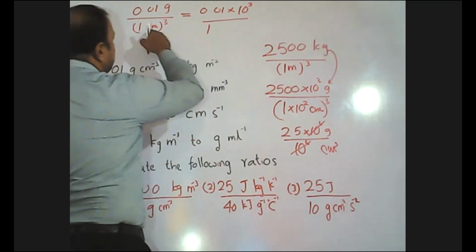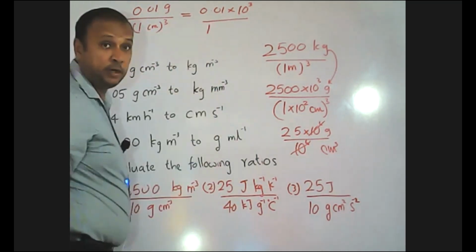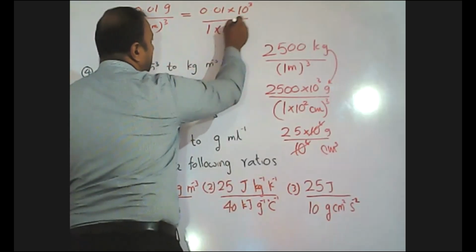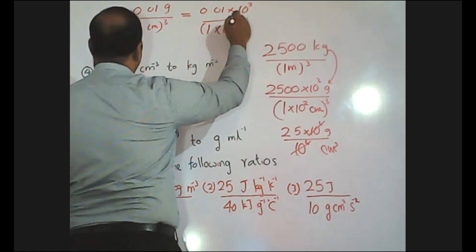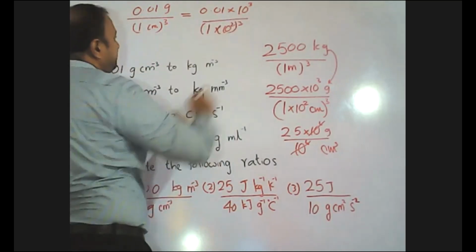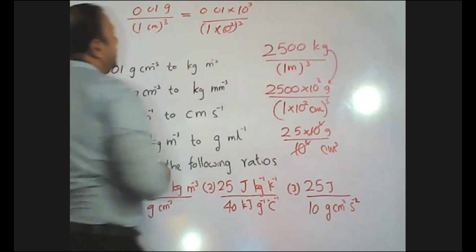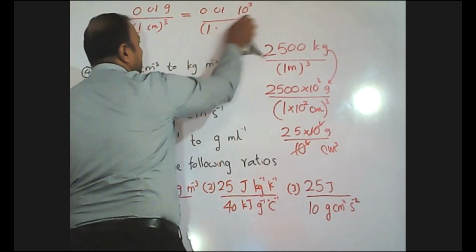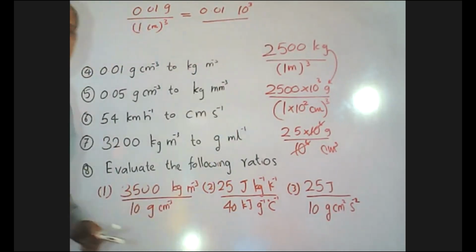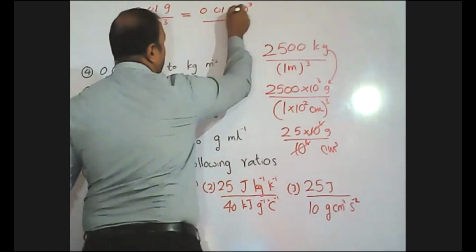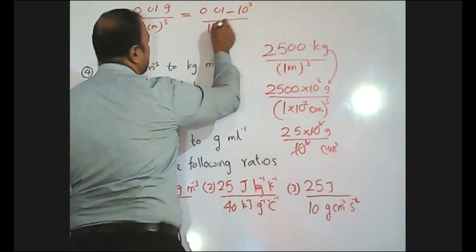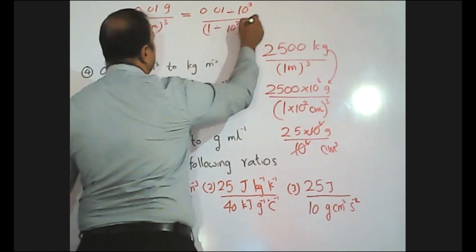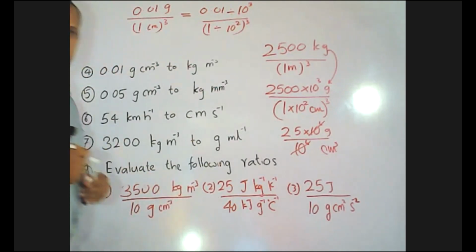So 1 centimeter to meter means 10 to the power 2. Sorry, not into. You have to divide this one. 1 divided by 10 to the power 2 into 3.